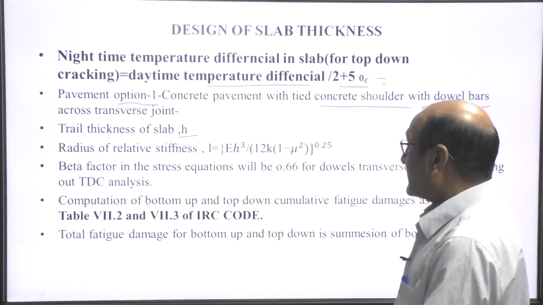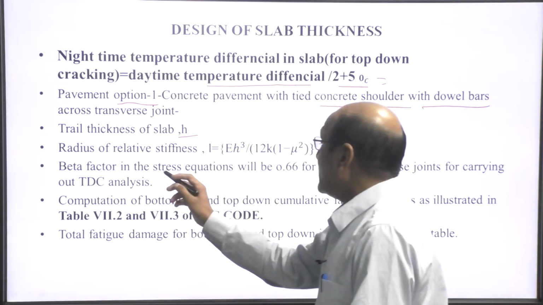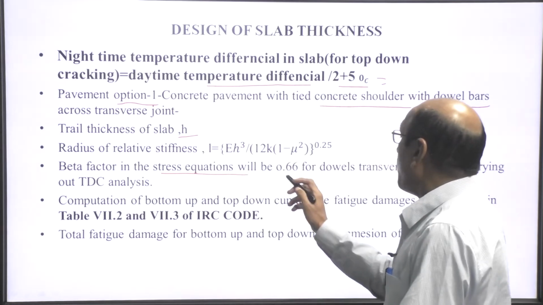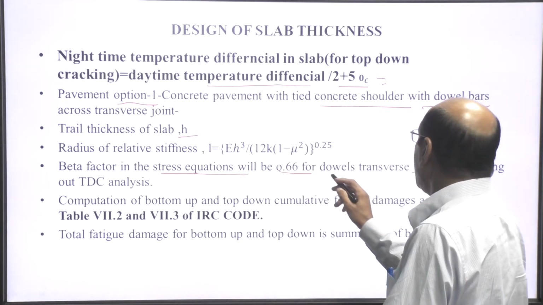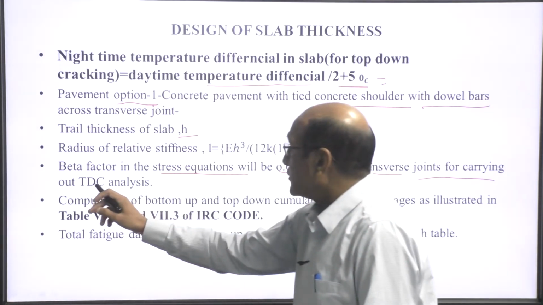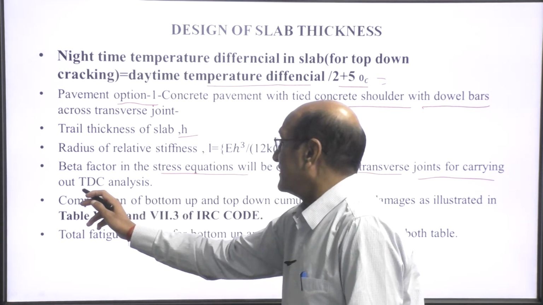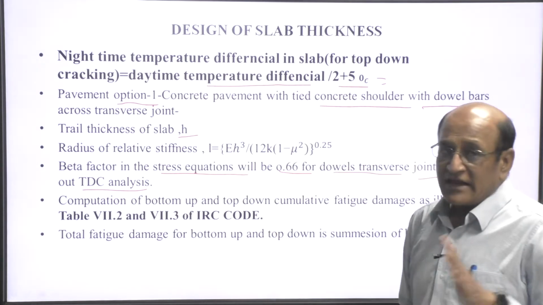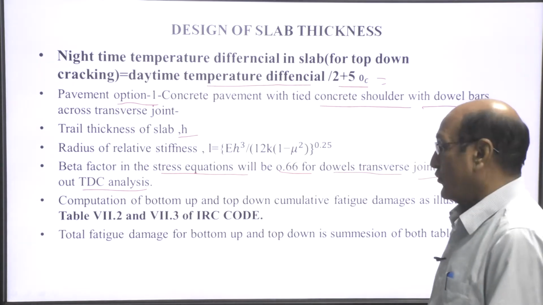So, beta factor in the stress equation will be 0.66 for the dowel transverse joint for carrying out TDC analysis. It has been given in the code.